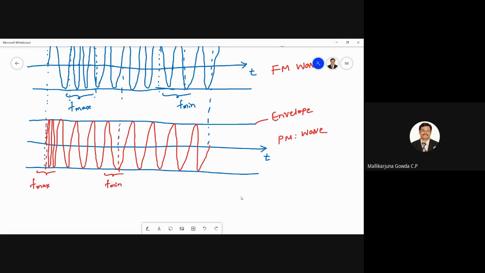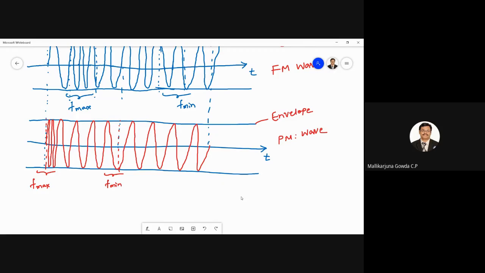Yeah, looking at the waveform of PM and FM, is it possible to visualize where the message signal resides? Like in AM, it is easy to visualize because the message signal will be there in the envelope of the modulated signal, right?